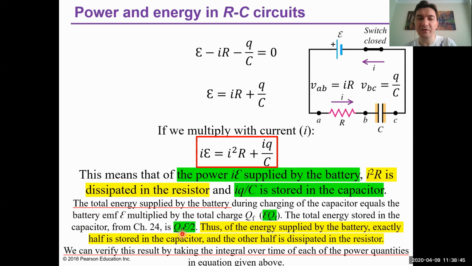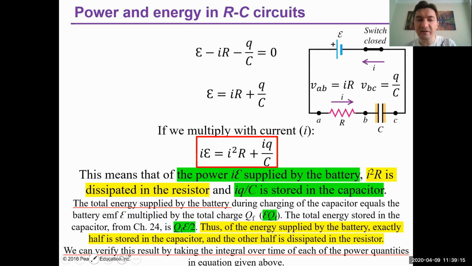So one half Q times E, we have already done it in chapter 24, you know that expression. So Q times E is produced by the EMF, and half of it is stored in the capacitor. So of the energy supplied by the battery, exactly half is stored in the capacitor and the other half is dissipated in the resistor.